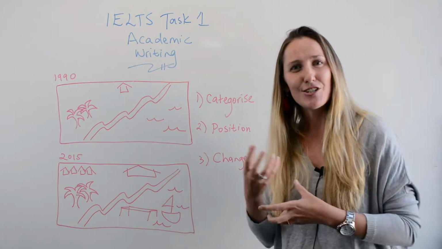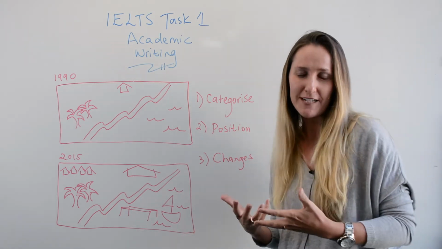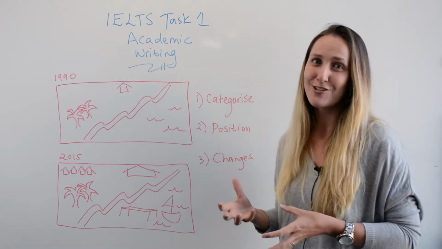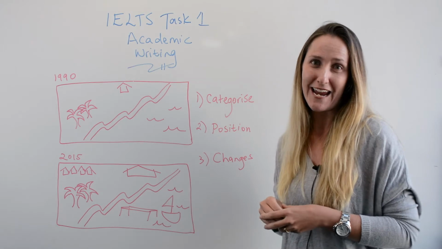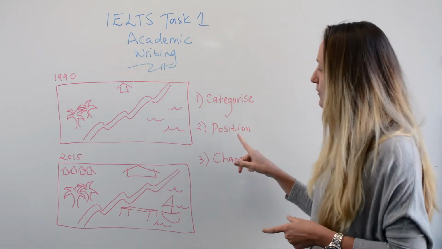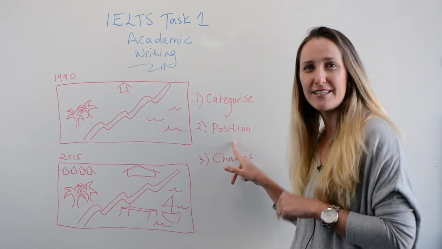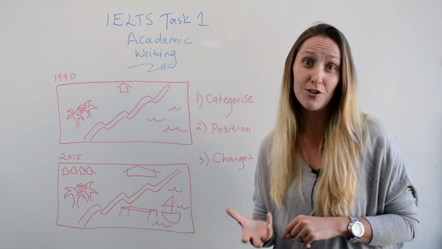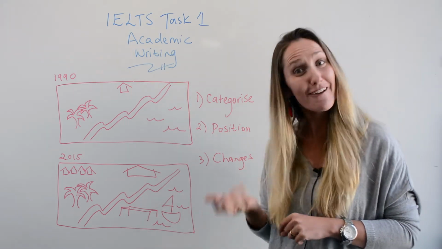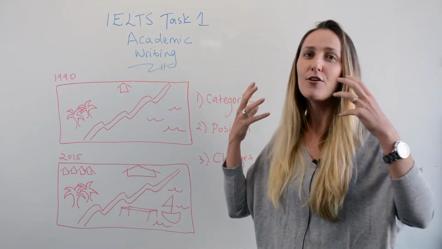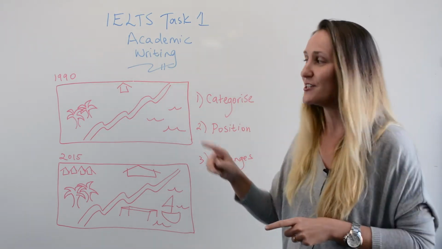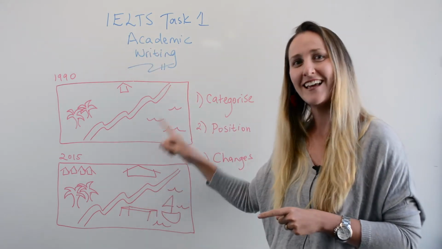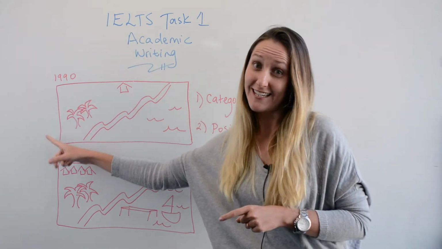Now we need to begin to describe these changes effectively. In order to describe these changes, we're going to need to describe where the changes take place in the maps. And this is where we need to talk about position. So it's important that you know the words that you can use to describe position effectively. One of the most common ways to describe position in maps is north, south, east, and west.